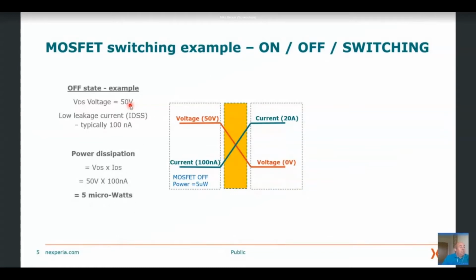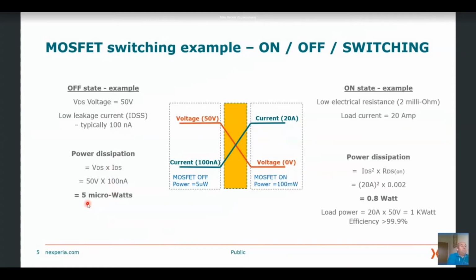So when the MOSFET's turned off, we apply 50 volts to the device, and we get a very small amount of leakage current, typically a few hundred nanoamps. So you can see in the off condition, the power will be very low, typically a few microwatts.